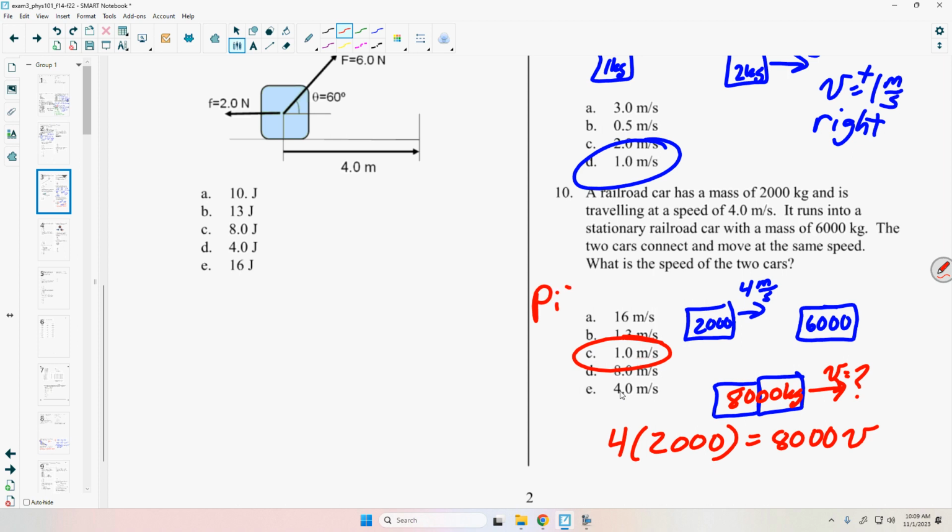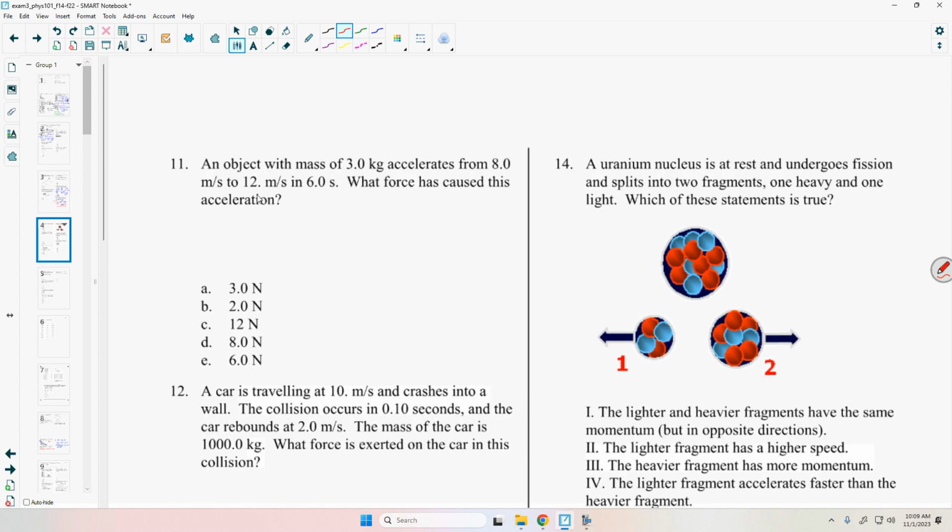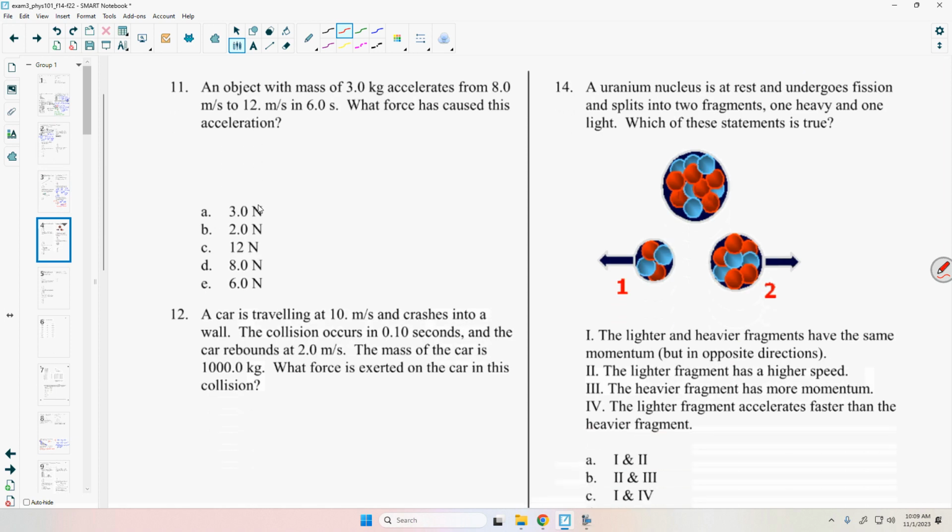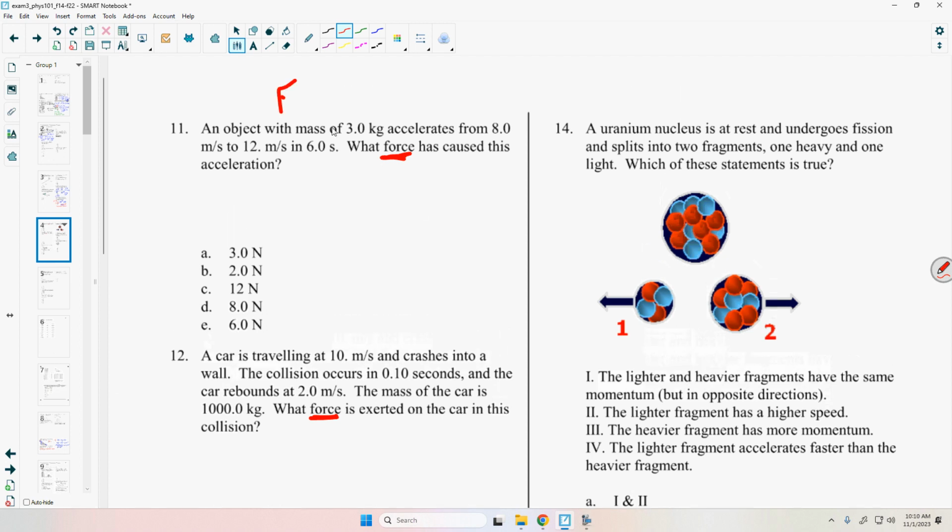Anytime you see these collision problems, that's going to be your governing principle, the conservation of momentum. There will also be collision problems, like on the next page, where I ask you something about the force. So listen, if you see the word force in a problem, that should key you that I'm looking for this.